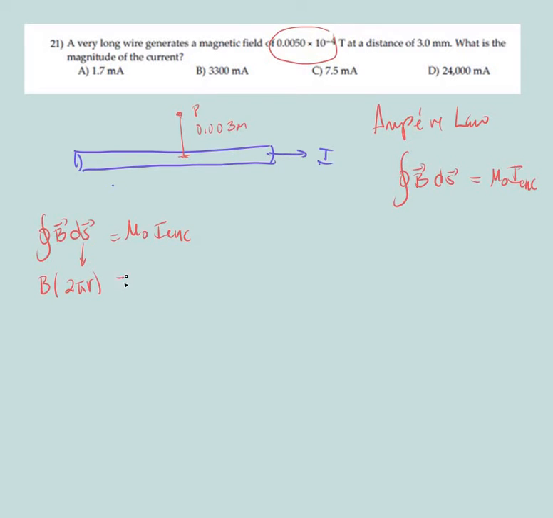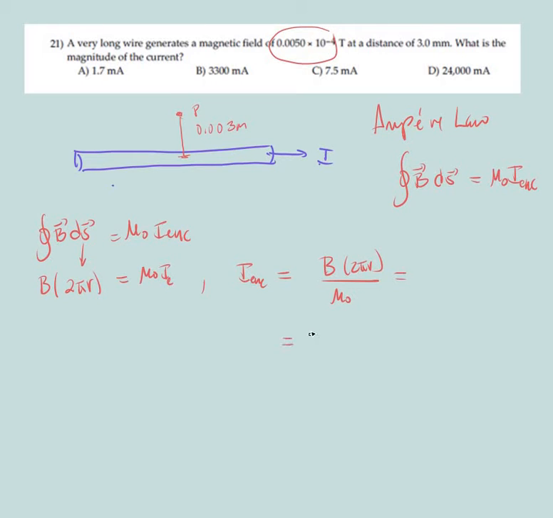It's equal to mu naught times I enclosed. Then we solve for the current. The I enclosed is equal to B times 2 pi r divided by mu naught. And if you remember, mu naught is equal to 4 pi times 10 to the minus 7 Tesla meters per ampere.